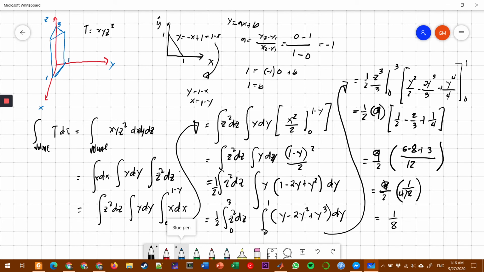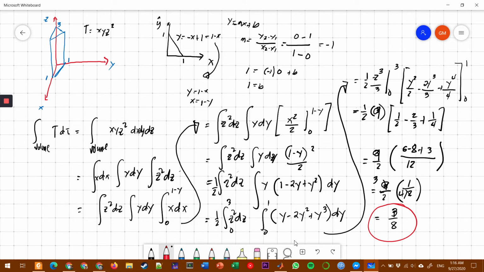What will happen is 4, so this is 3. Right? So this is actually 3 over 8. So that's the answer. So that's 3 over 8. Okay? So that's for the volume integral.